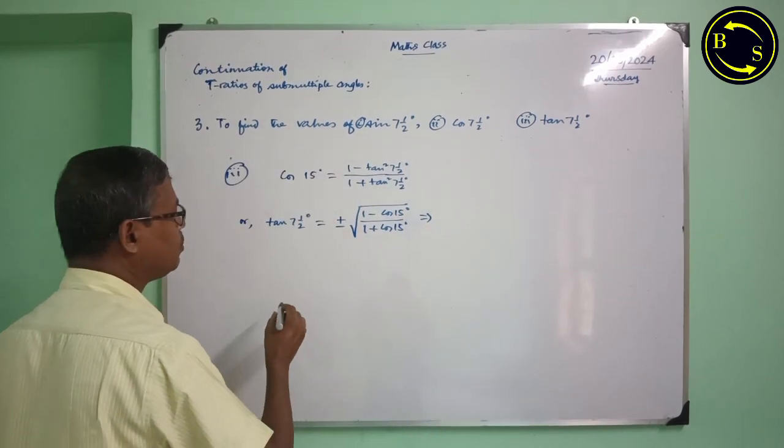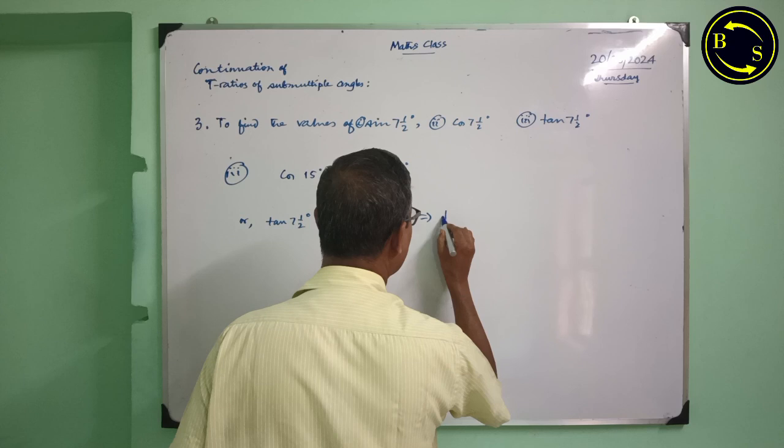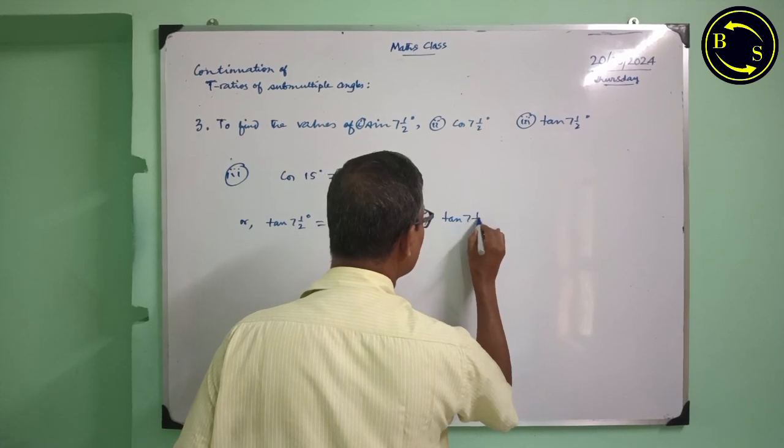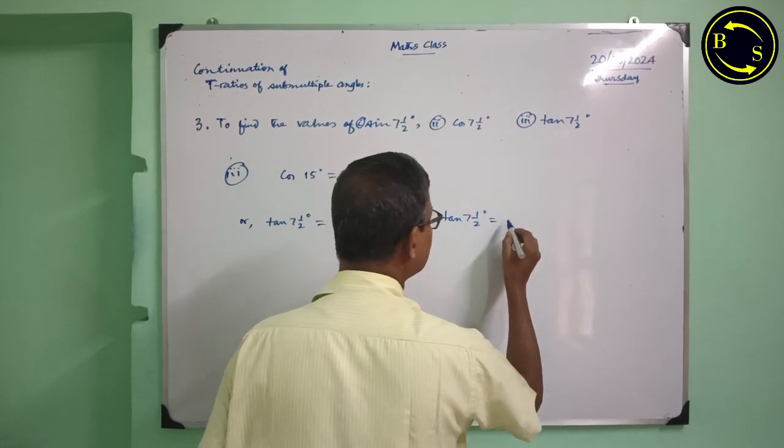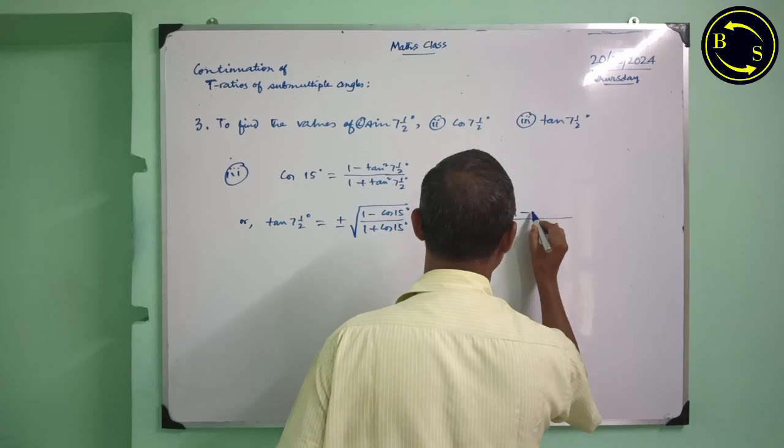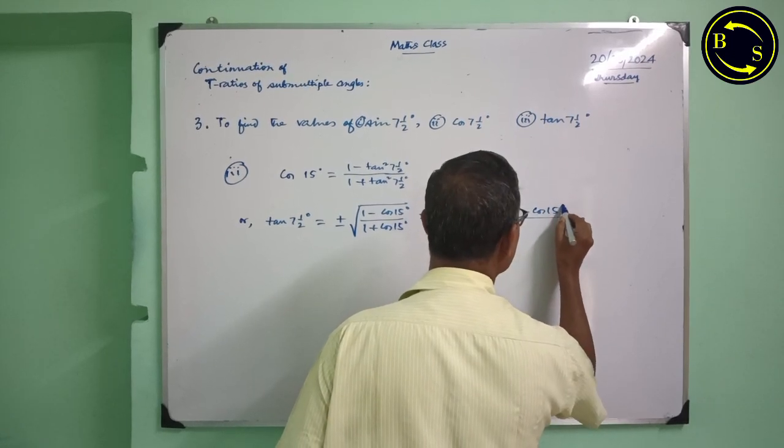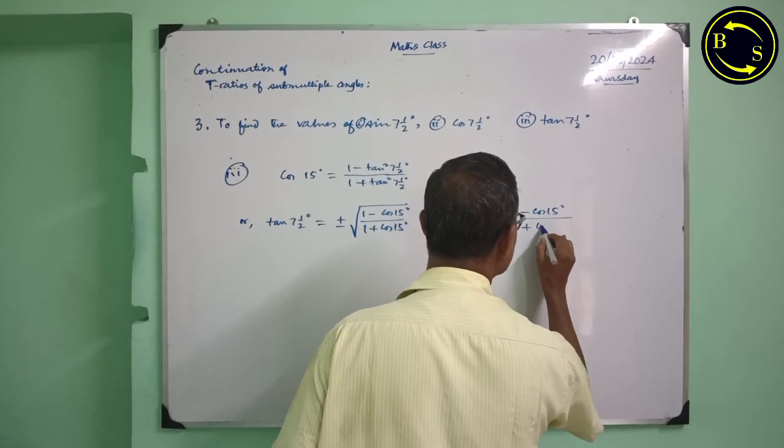Here positive sign is to be taken, therefore tan 7.5 degree will be equal to root of 1 minus cos 15 degree by 1 plus cos 15 degree.